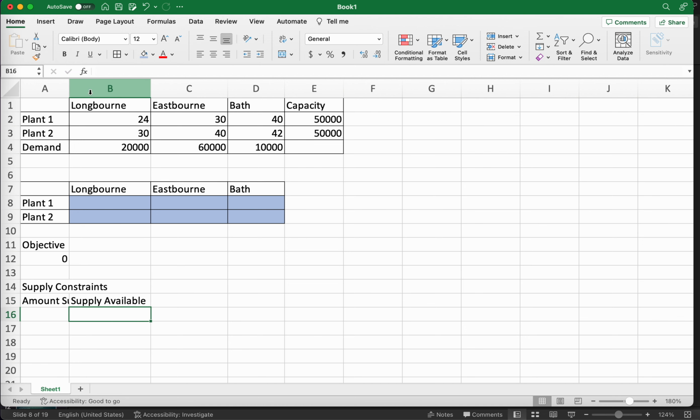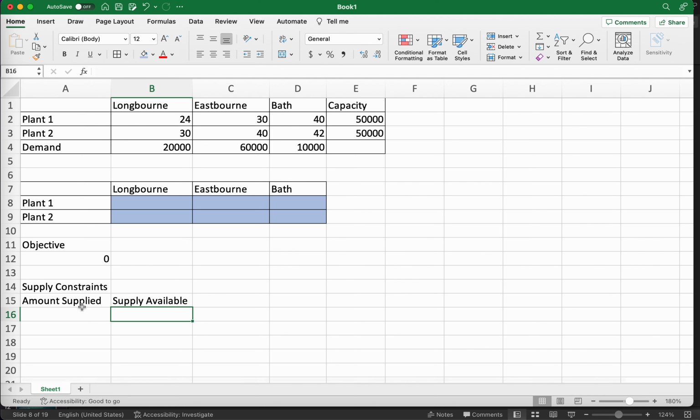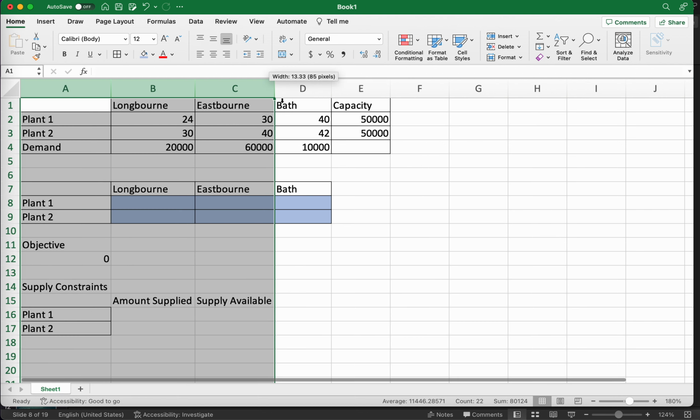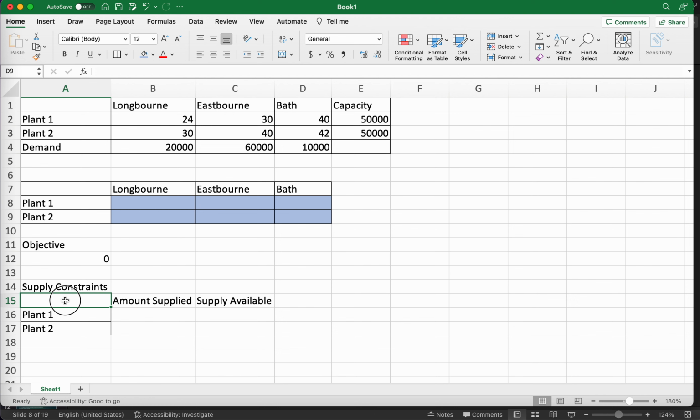You have two plants that can supply for you. So what is the amount supplied from each of these plants? All right, so these are my supply constraints.